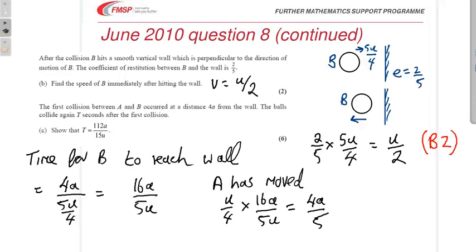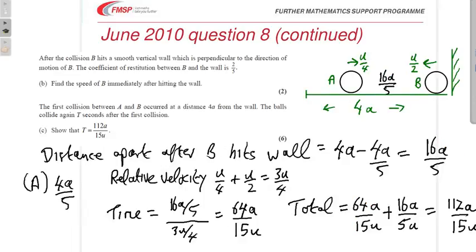And then for this last part, the 6 marks, there was M2, A2 for working out these times, and just going to the last page here, there was another A2 presumably for this last part. So that's your 6 marks for part C.